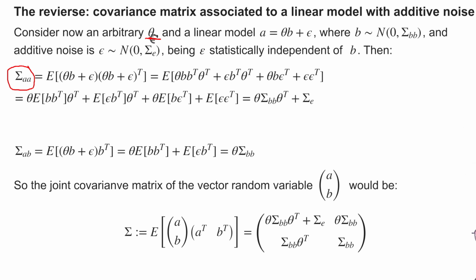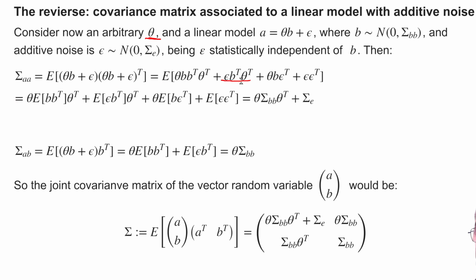And now, as theta is a known constant, it can get out of the expectation. So for instance, the expectation of this thing is theta on the left, theta transposed on the right, and the expectation of the random variables, B B transposed.